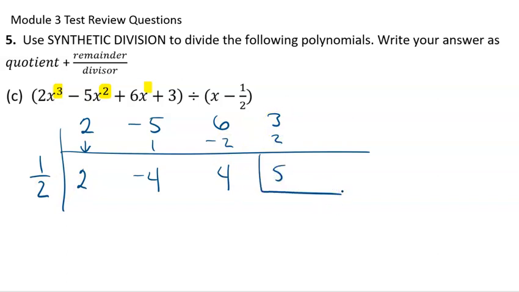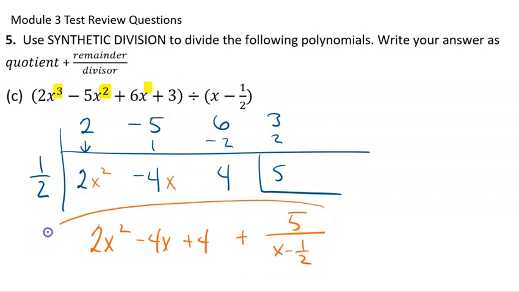Yeah, there's nothing wrong with that fraction. You can do that. Okay, go back and write your variables in. So remainder, constant, x squared. Final answer, 2x squared minus 4x plus 4 plus my remainder is 5 divided by x minus 1/2.